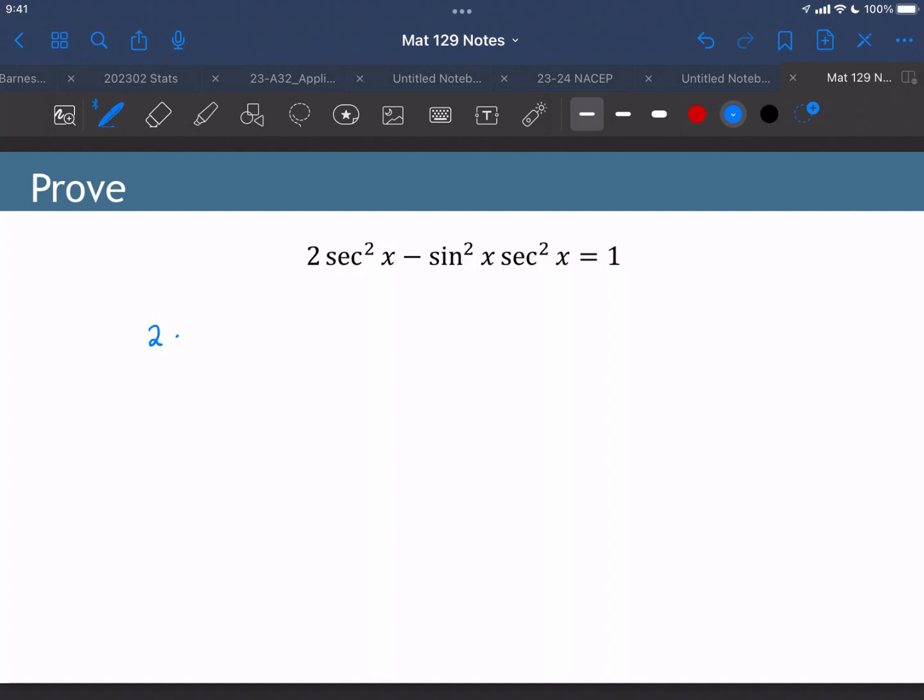That's the same as the inverse of cosine, so that could be rewritten as 1 over cosine squared. And we've got an x here, not a theta. Sine squared x, I'll leave that. And again, secant squared over here is 1 over cosine squared.